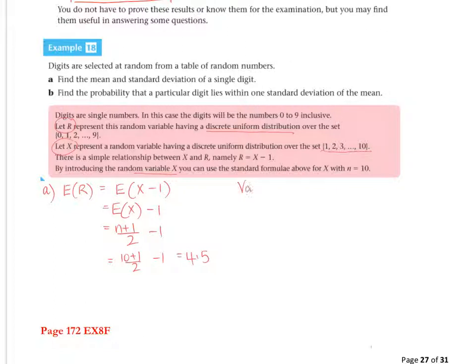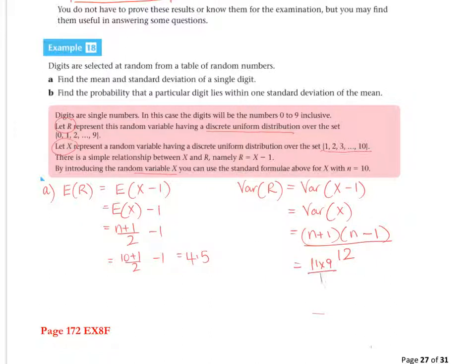And the variance of r is equal to the variance of x minus 1. The minus 1 makes no difference, so it's equal to the variance of x. And if we use the formula from before, n plus 1 over n minus 1 all over 12, then that's equal to 11 times 9 divided by 12, and that's equal to 8.25.